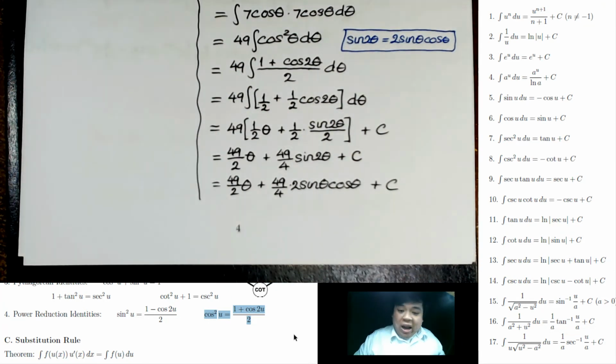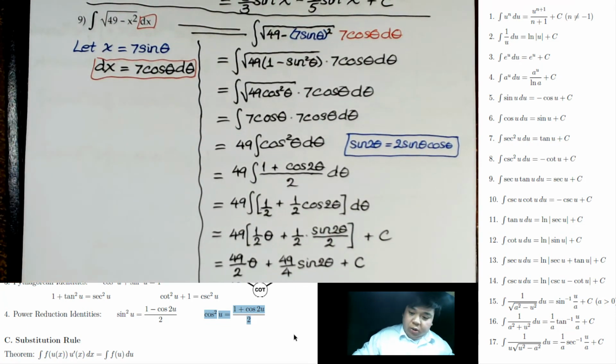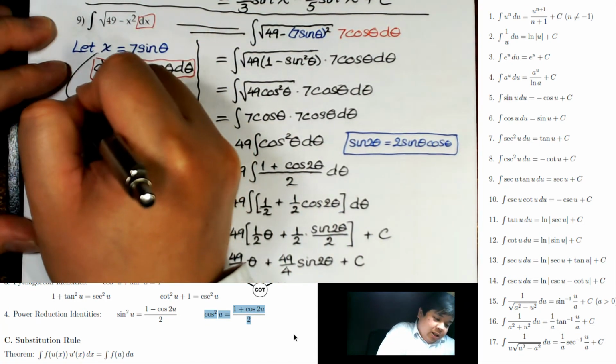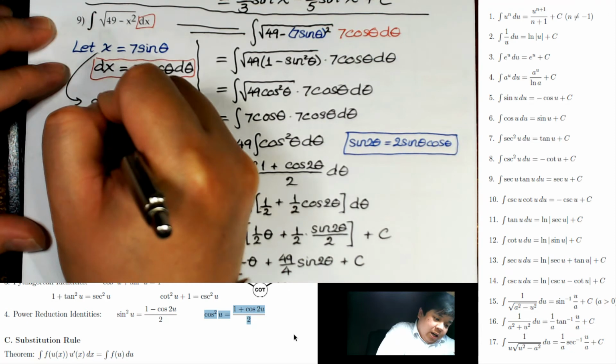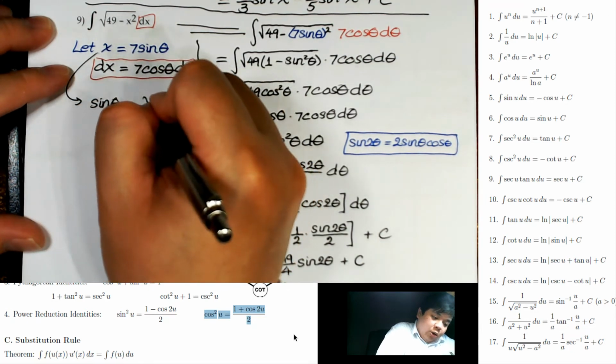Now we need to write back in terms of x. From the original, we have x equal to 7 sine theta. So we have sine theta equal to x over 7.